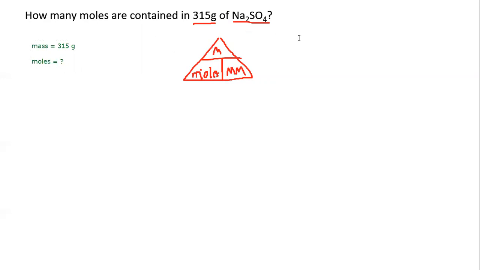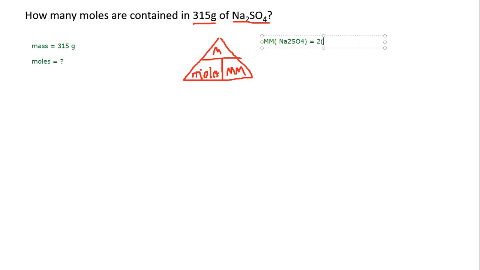Well, you see, molar mass has not been given to us in the problem. And so what we need to do first is calculate the molar mass of sodium sulfate. For sodium, we have two sodiums.